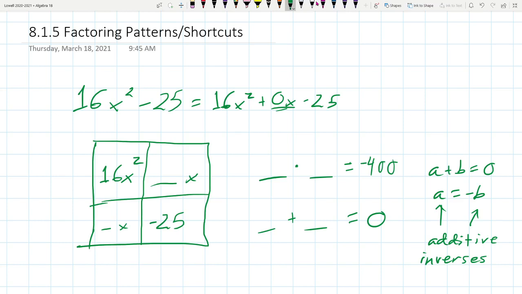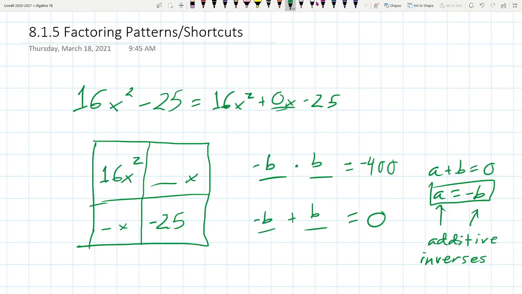Okay, so normally I would write it as a times b gets me to negative 400, and a plus b equals 0. But since I know that a is really just the negative version of b, whatever b happens to be, I can just replace a with negative b here.